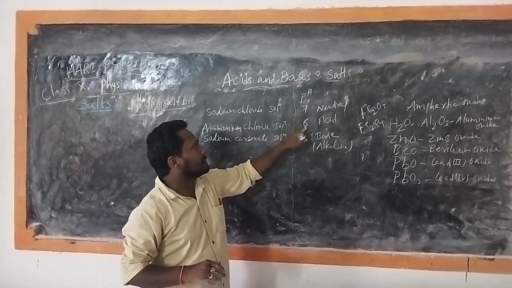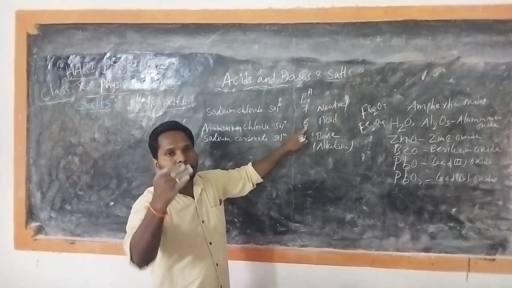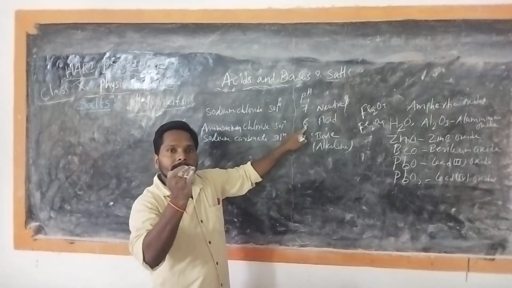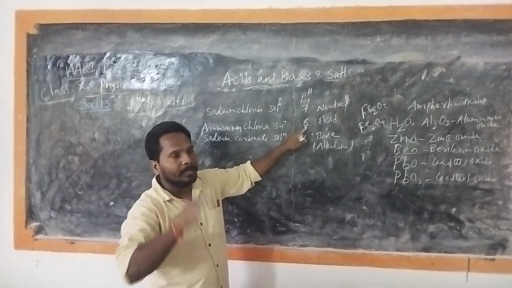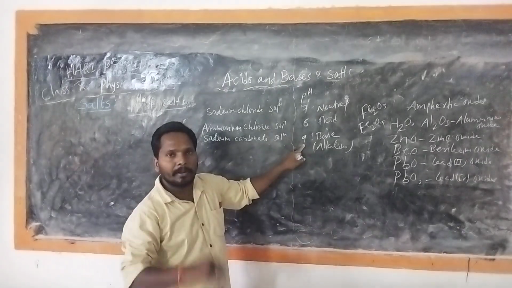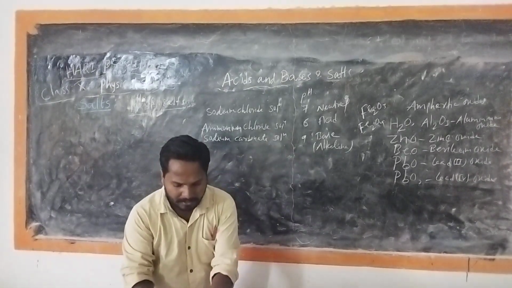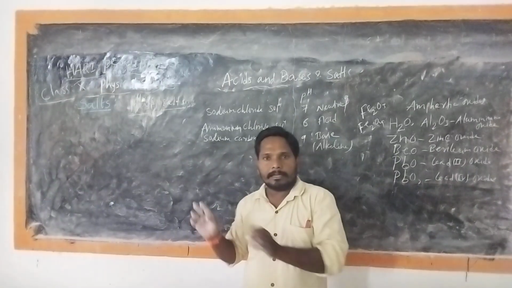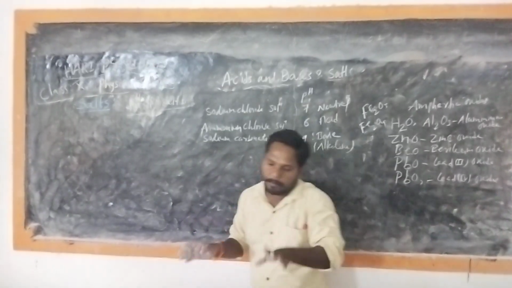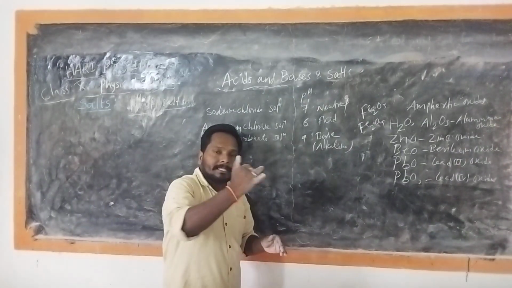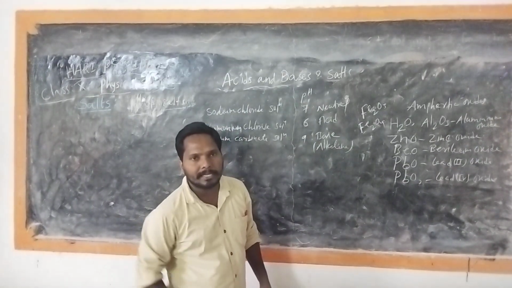Ammonium chloride solution, pH 6, acidic. Below 7 is acidic nature, as I already discussed. Sodium carbonate solution, pH 9, more than 7, basic. Even though they are all salts, some behave as neutral, some are acidic and some are basic.